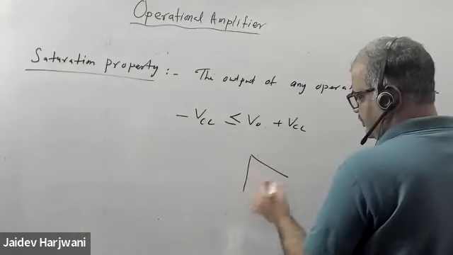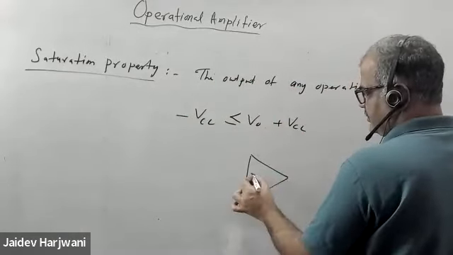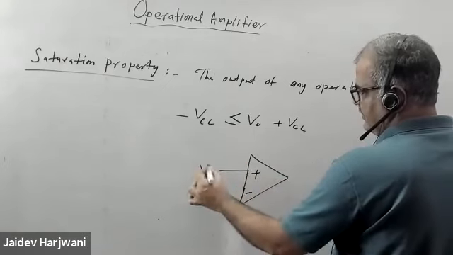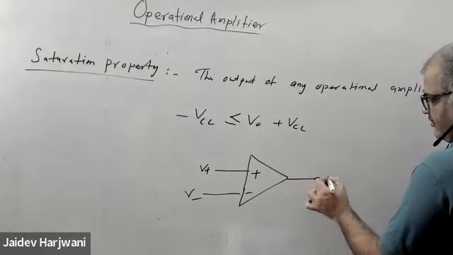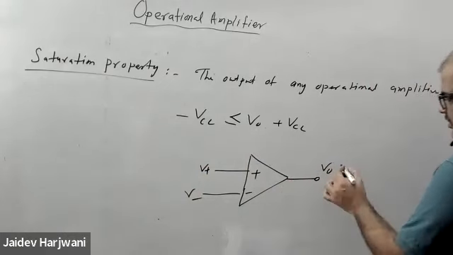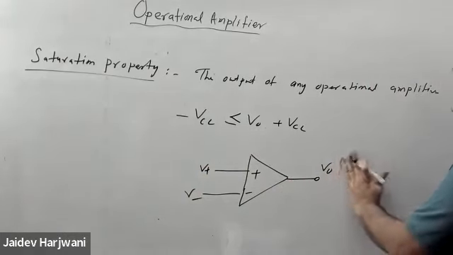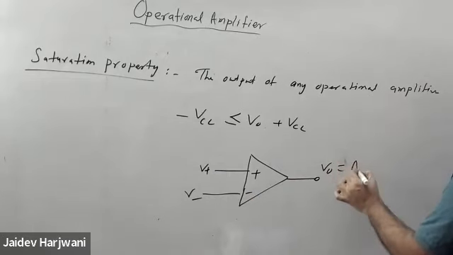Just now I told you that you have the plus and minus terminals, you apply V plus here and V minus here, and you get V naught, which is the amplified difference through the open loop gain.